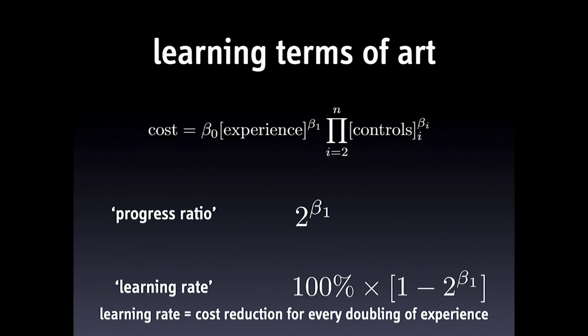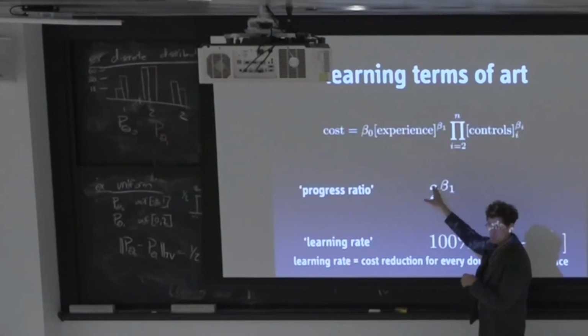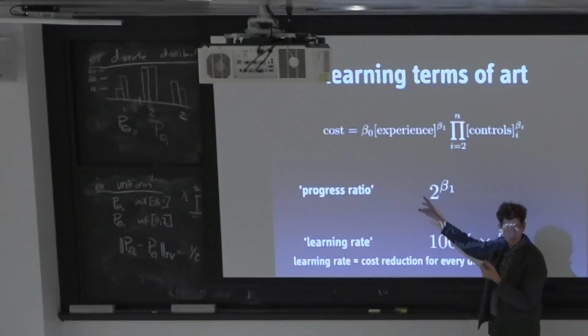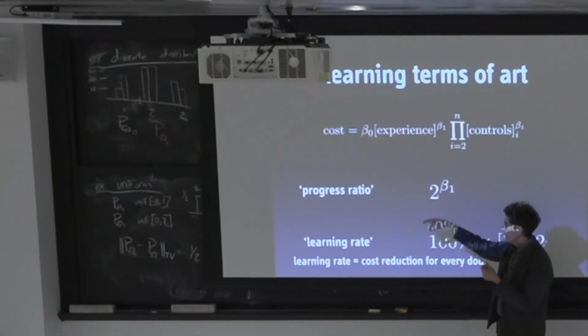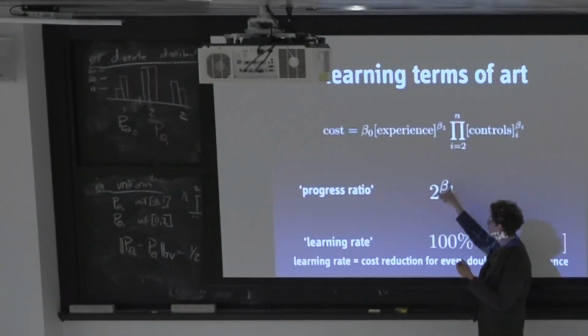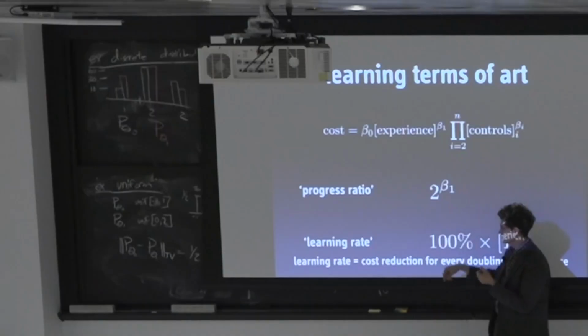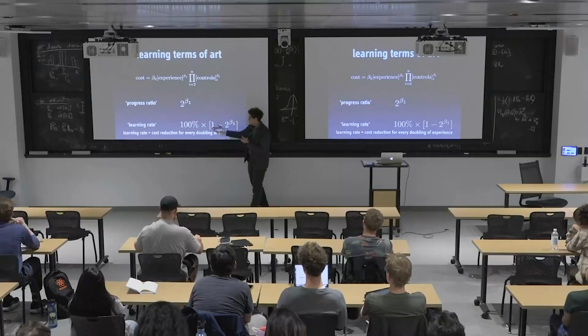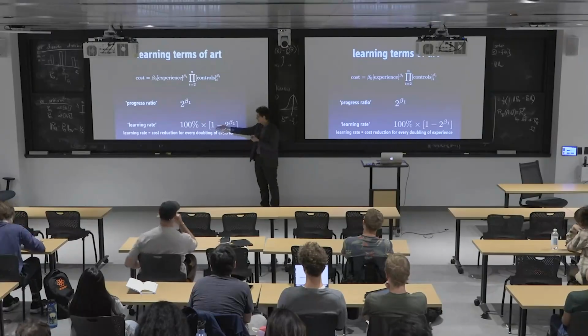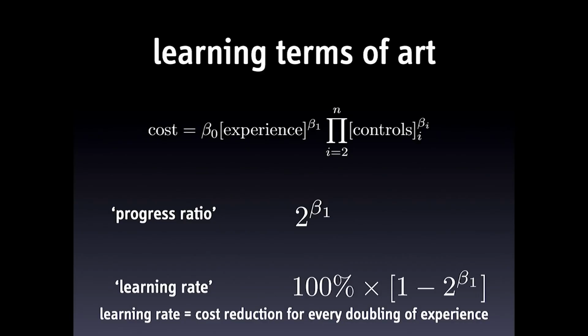All right, let me just give you some more terms of art. You can basically solve this equation, and then you get these betas out when you do the linear regression. You get betas for all the inputs. And we have this thing called 2 to the beta, which is the progress ratio, or we have the learning rate, which is 100% times 1 minus 2 to the beta.